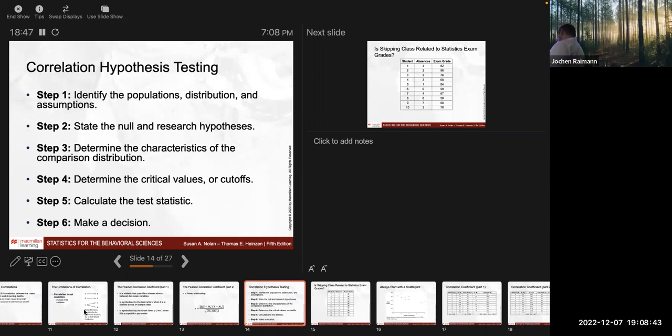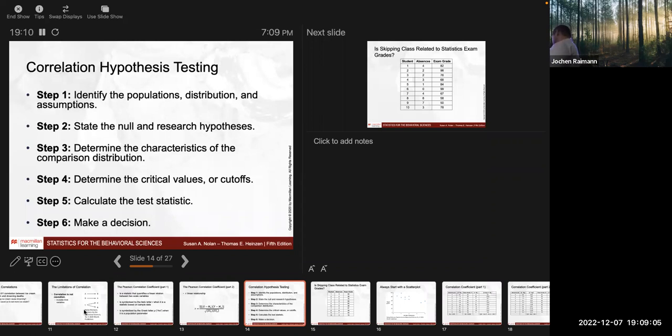We state the null and research hypotheses. The null hypothesis would be that there's no linear relationship, and that the dependent variable is not changing in a linear fashion when there's a change in the independent variable. Whereas the research hypothesis is that they do change in a linear fashion.